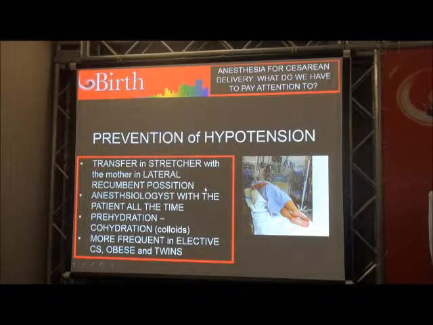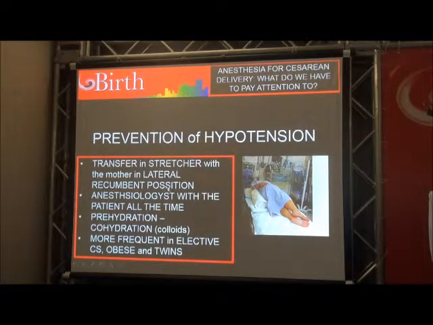Even if it's a non-urgent operation, this has to be taken into account mostly in general hospitals in which there are anesthesiologists that perform a lot of anesthesias, not only obstetrical, because most of the time the people that transfer the mother to the operating room tell her to lie on her back. And you know that this can produce maternal hypotension.